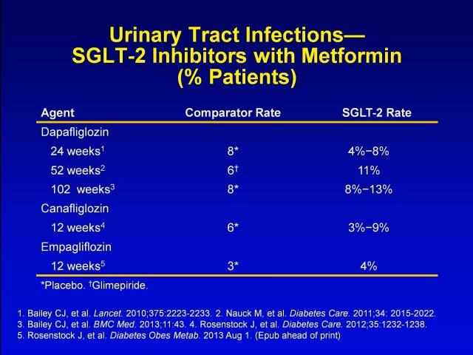And the data here is summarized with Dapagliflozin, Canagliflozin, and empagliflozin with different durations. The rate of urinary tract infection with the combination of SGLT-2 inhibitors and metformin was very similar to that of the combination of metformin with either placebo or glimepiride, with perhaps a small increase in this rate in some of the studies.